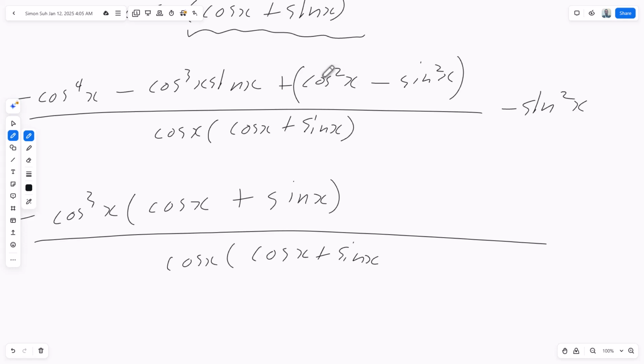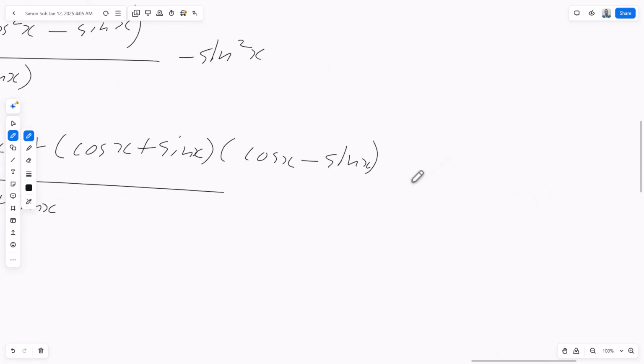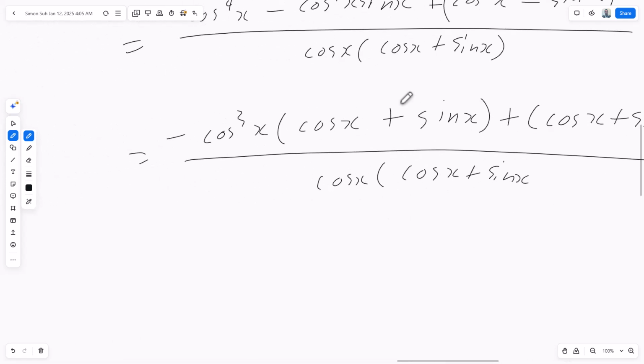On this side, we have a difference of squares, so we can expand this out. This becomes cosine x plus sine x multiplied by cosine x minus sine x, and we're also going to minus sine squared x. Just to expand this division form, this is separate, that's all one bracket.